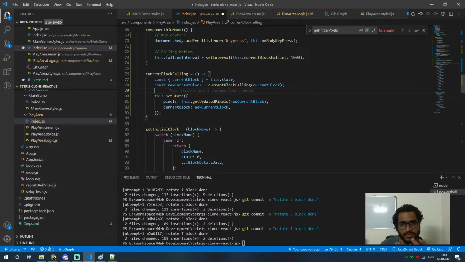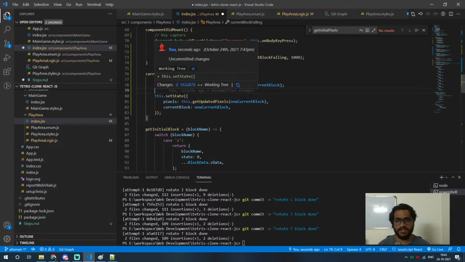It will go on, check with each and every pixel, and check if any of them have y equal to 20, and if y is equal to 20, then it stops right there, right?